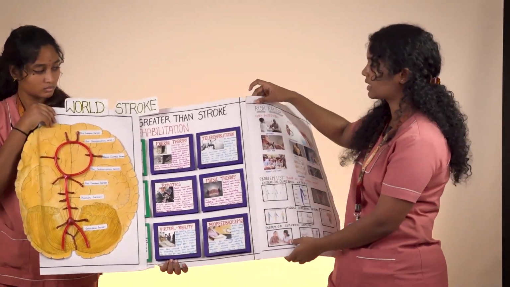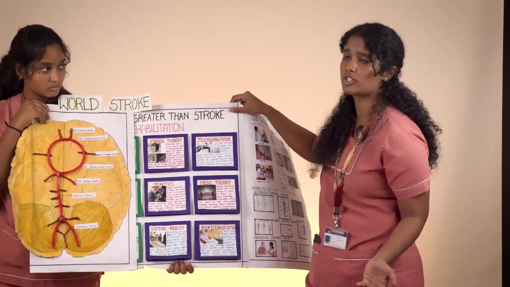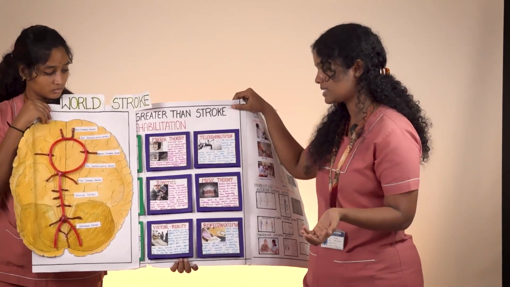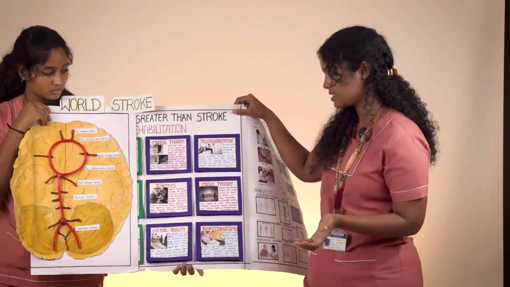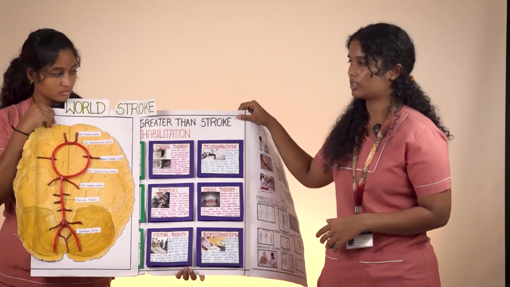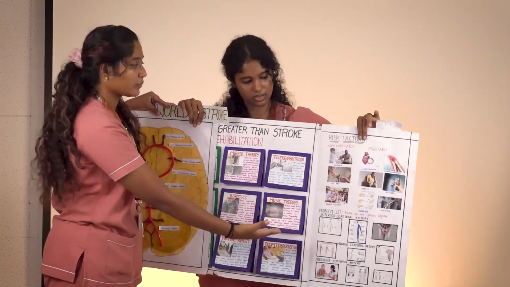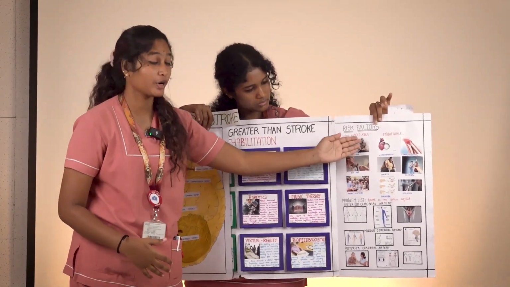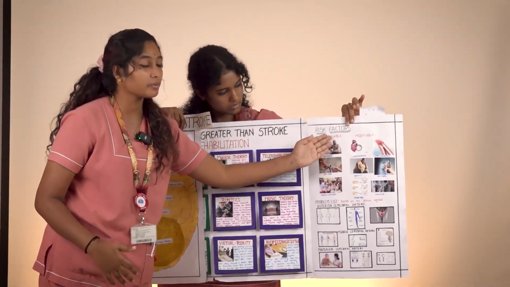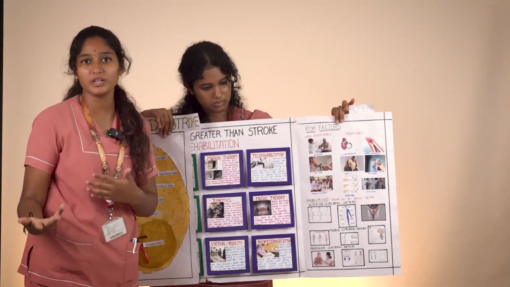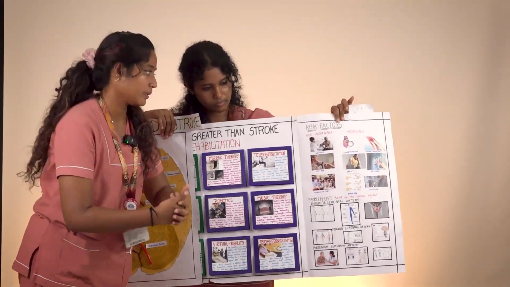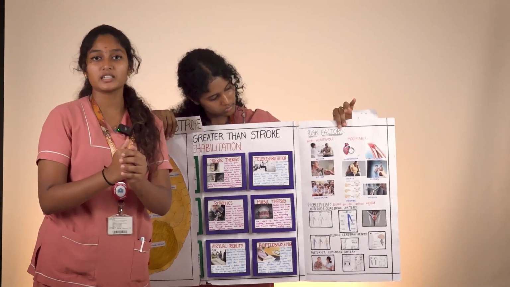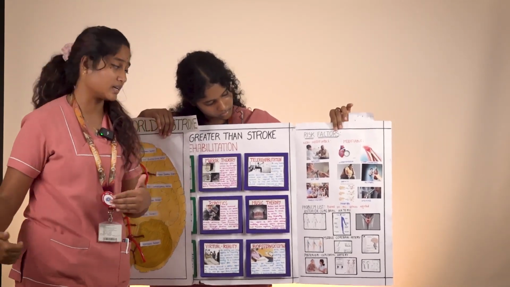And biofeedback, we can combine it with physiotherapy and assess the muscle activity and the muscle movements. Last but not the least, we come to the risk factors. They are classified into non-modifiable and modifiable. Non-modifiable risk factors are those which cannot be changed by the people or a patient, and modifiable are the risk factors which can be changed through lifestyle changes.